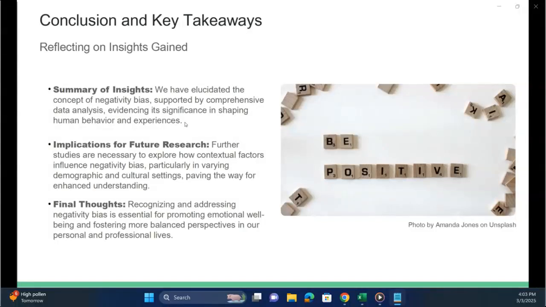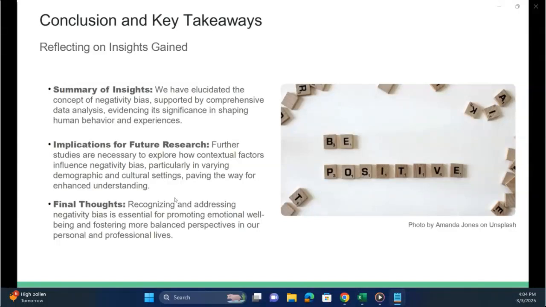Another of our goals is that we understand it'd be necessary to do further studies on how contextual factors influence negativity bias, particularly in varying settings, whether that varies by demographics or cultural settings. And this paves the way for enhanced understanding.